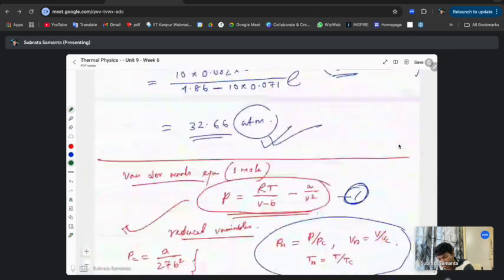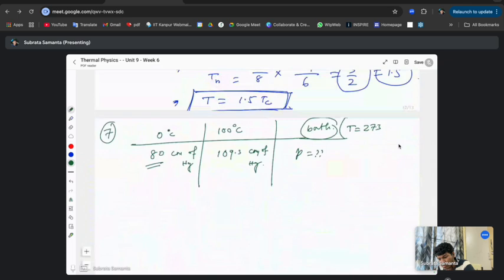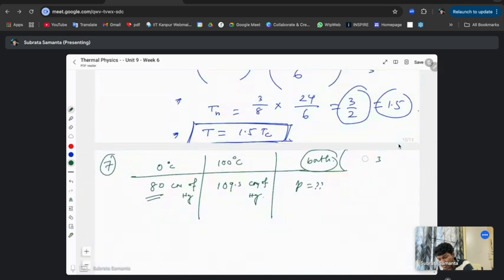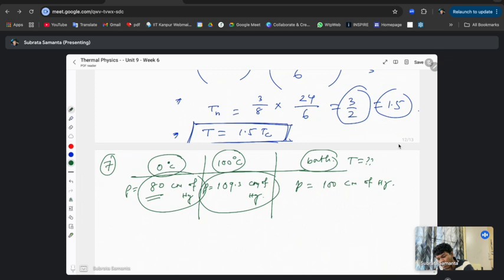At 100 degree centigrade the pressure is given, at 0 degree centigrade the pressure is given, but at which temperature the pressure is 100 centimeter of mercury, you have to calculate, right? So how to calculate this?